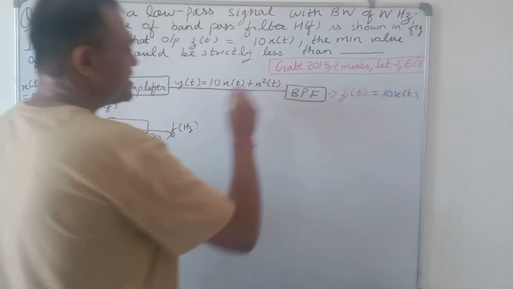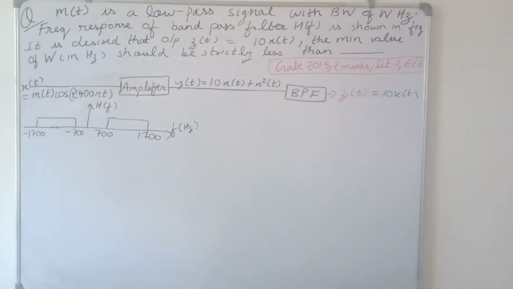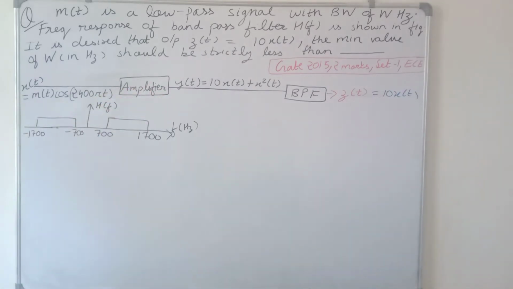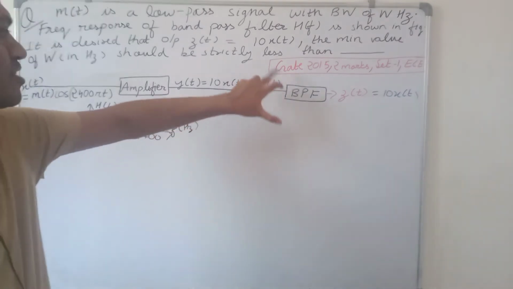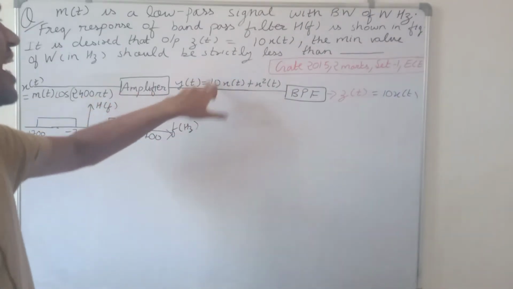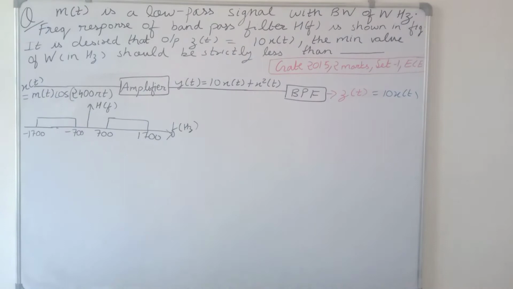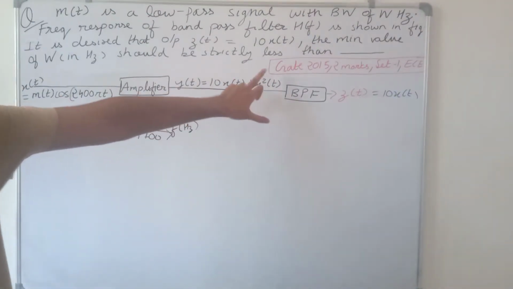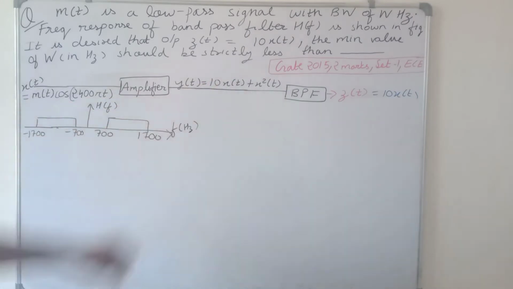So we want to reject x square(t), because we need the band pass filter to reject x square(t) and pass only 10x(t), because at the output we need only 10x(t).